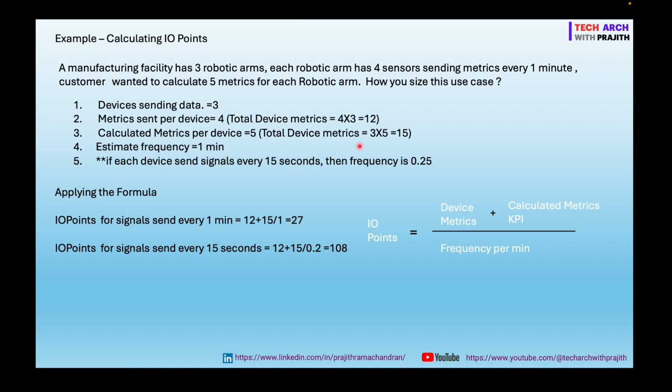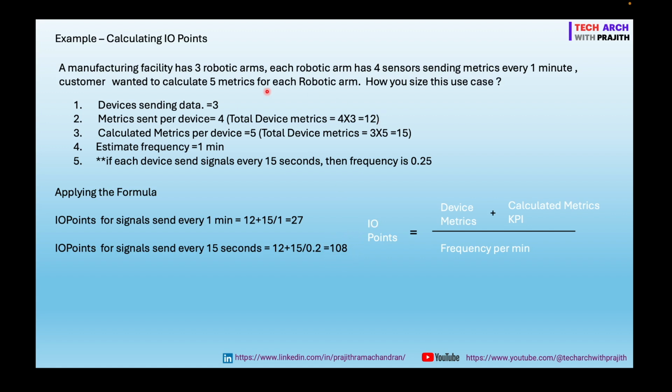But what happens if these devices, these sensors, are sending every 15 seconds instead of 1 minute, right? So again, it's 0.25. If you go by IO points for signals every 15 seconds, you have to divide by the frequency here, and you get around 0.25 actually, and it's around above 100 IO points.